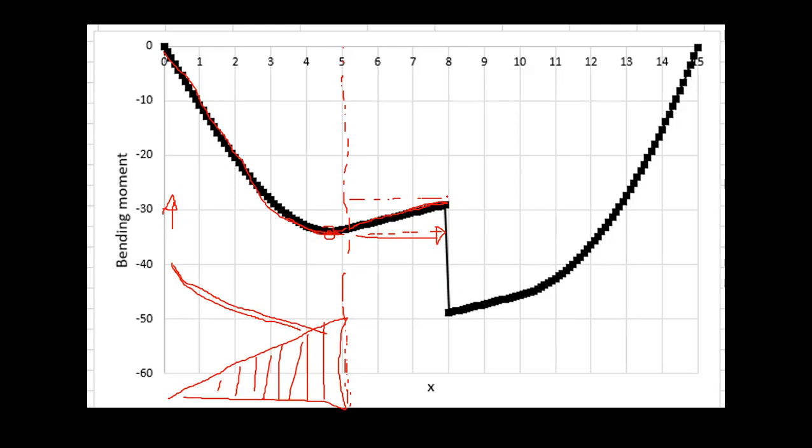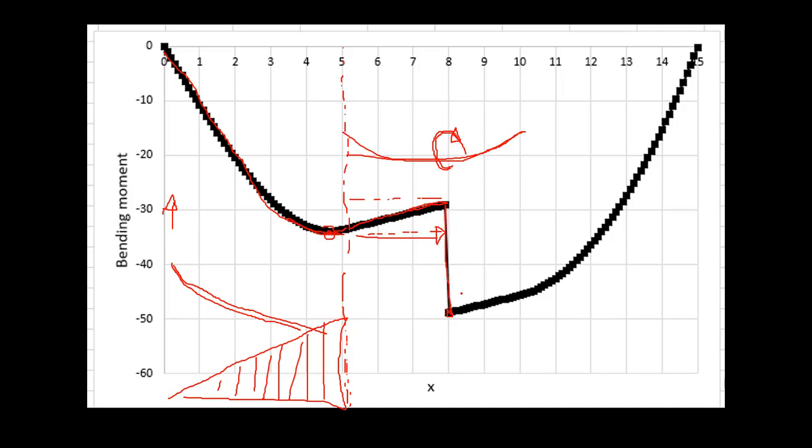So after you reach here, you have a clockwise bending moment. So if you have something like this, clockwise, that's going to again sag your beam. It's a sudden sag.